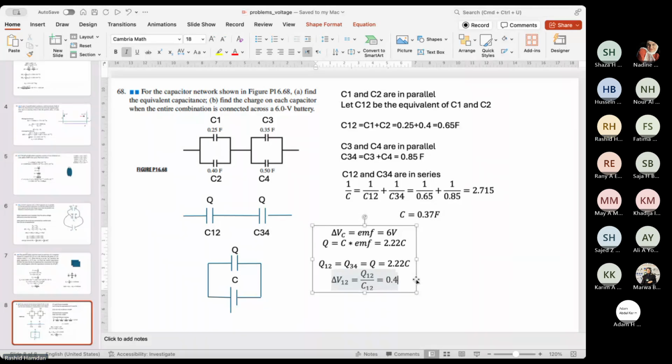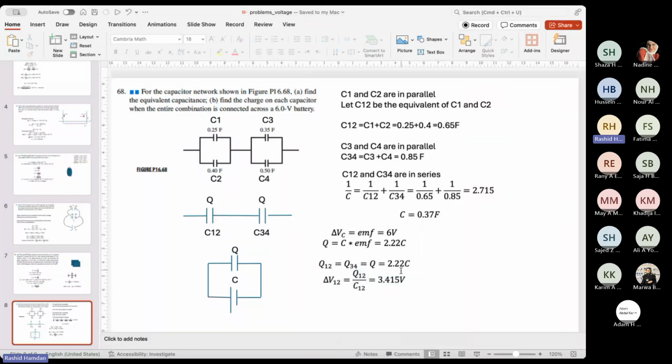3.415 volts. I can find the voltage on 3, 4 in two ways.